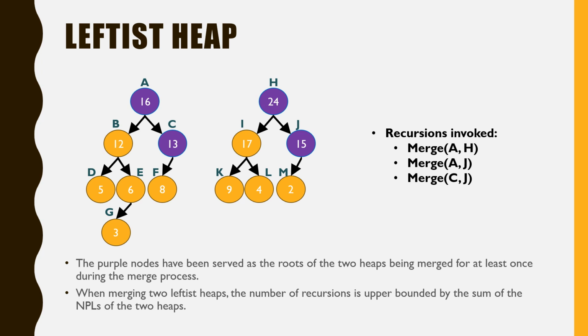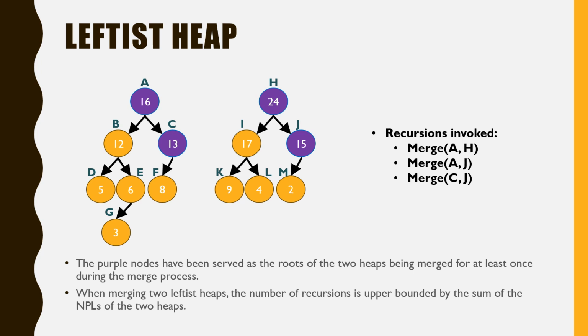Consider our previous example of merging two leftist heaps. Let merge(s, t) represent the function that merges the leftist heaps rooted at nodes s and t, respectively. During the merge process, the recursive calls include merge(A, H), merge(A, J), and merge(C, J).